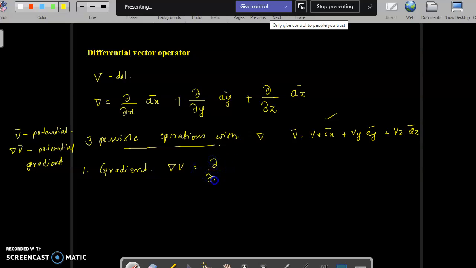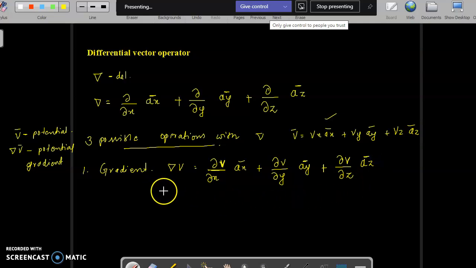Del V by del x, I am partially differentiating the potential V, then Ax, then the partial derivative of the same with respect to y, then Ay, plus the partial derivative of V with respect to z, then Az.